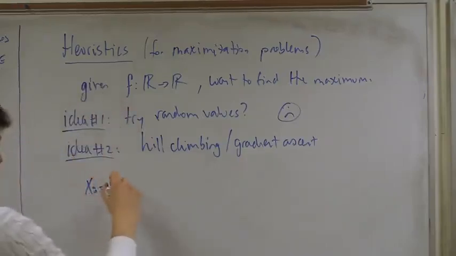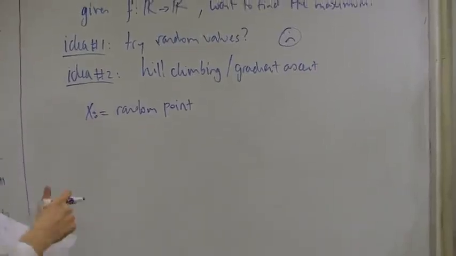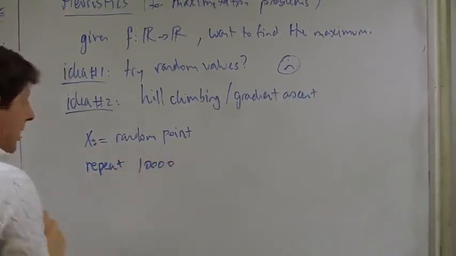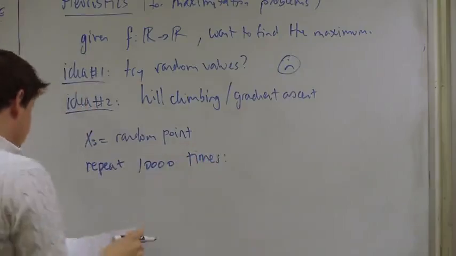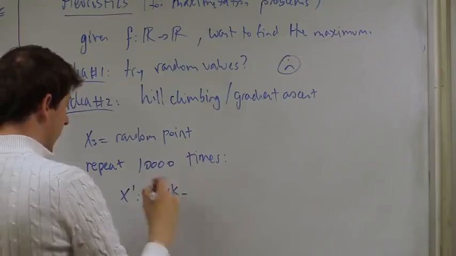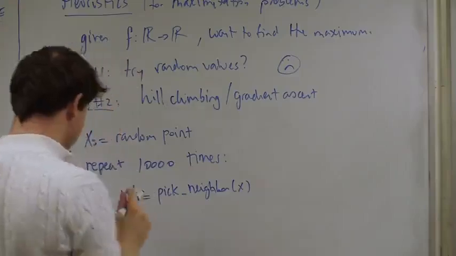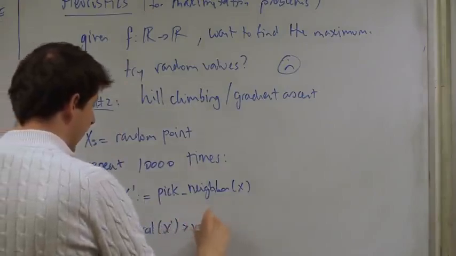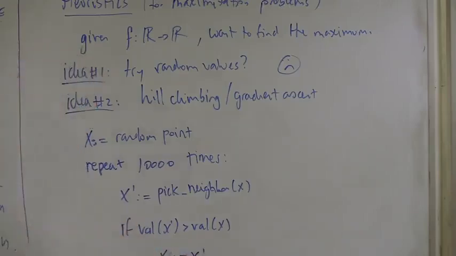Roughly, the idea is that you're going to start at some random point, and then you're going to repeat some number of times, maybe 10,000 times. And again, this is a parameter that is part of the heuristic. And you're going to pick some x prime that is some neighbor of the current x. And if the value of the neighbor is better than the value of yourself right now, then you set your current location to be the neighbor.